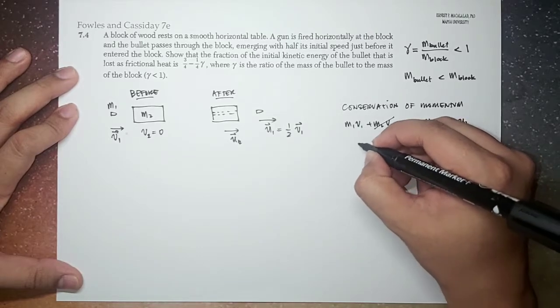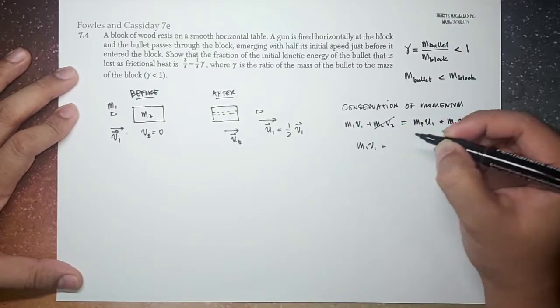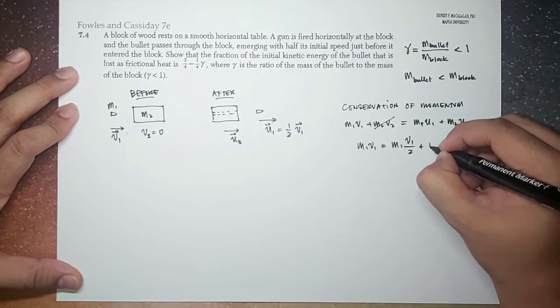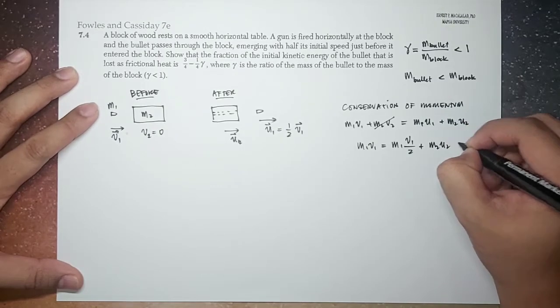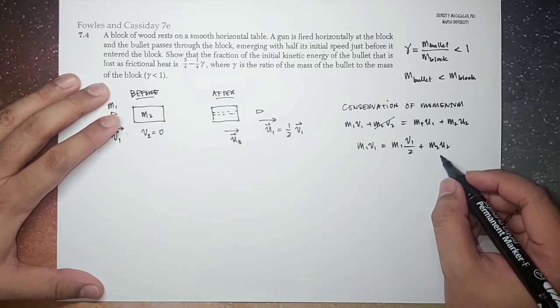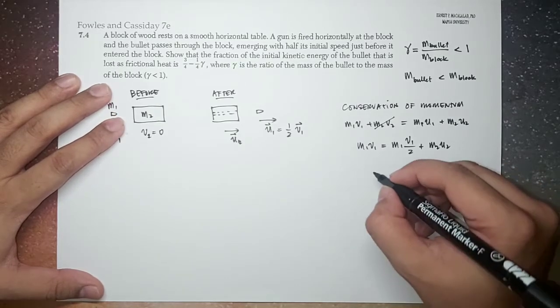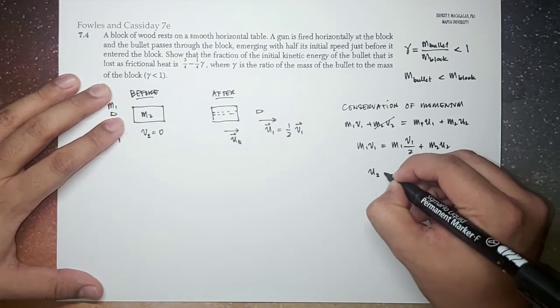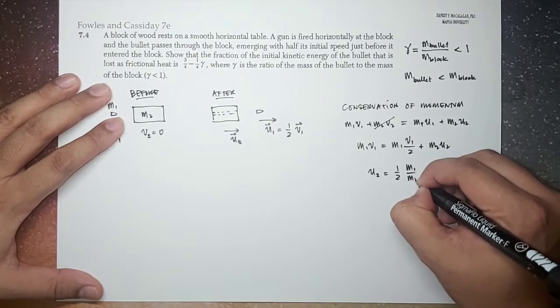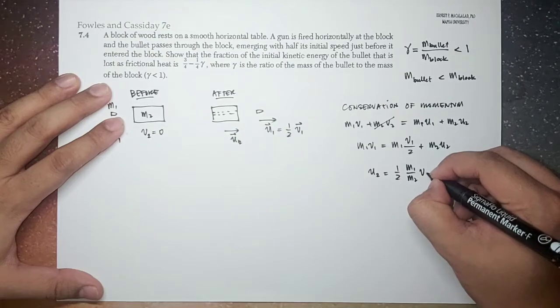So this becomes m1 v1 equals m1 v1 over 2 plus m2 u2. Manipulating this equation, we can express u2 as 1/2 m1 over m2 v1.